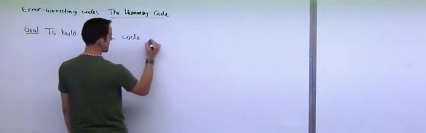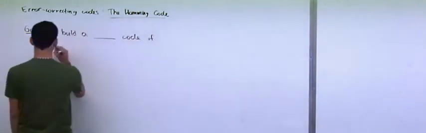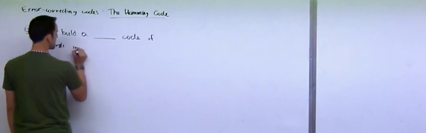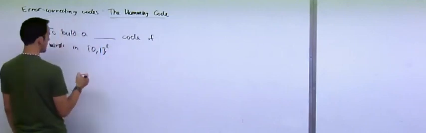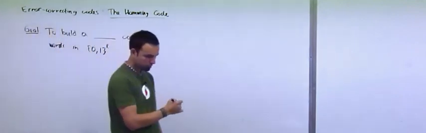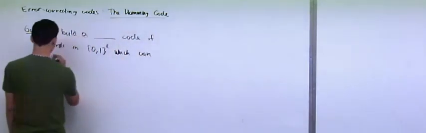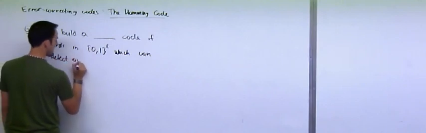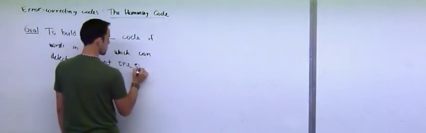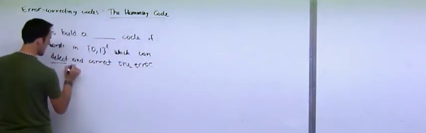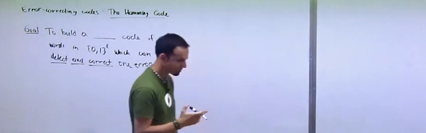To build a code of words in. Let's keep using the alphabet 0, 1. So each word is just a bunch of zeros and ones, which can detect and correct an error. So we want to detect and correct. And that's what's different about this as opposed to the previous one that we talked about.